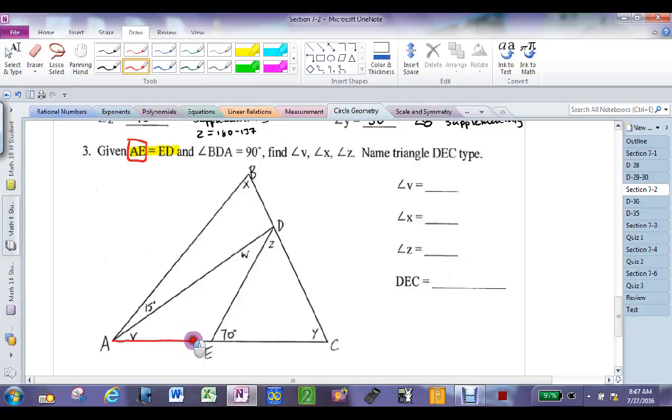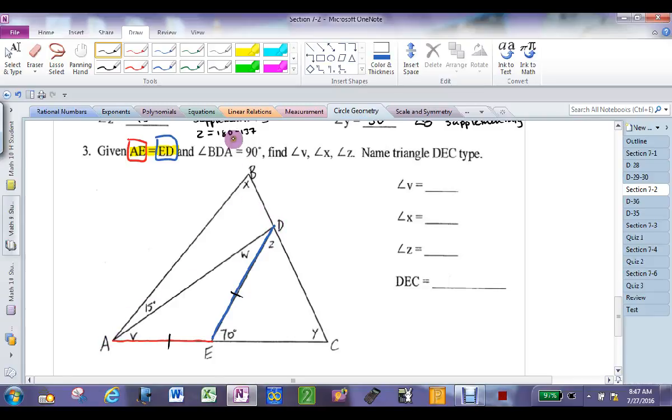A to E. Where is ED? Right here. What do we know about those two sides? So I can mark them, right? What does that automatically tell me? That V equals W, yeah? So if I know one of them, do I automatically know the other one? That's in my head. I know that. What else do we know?